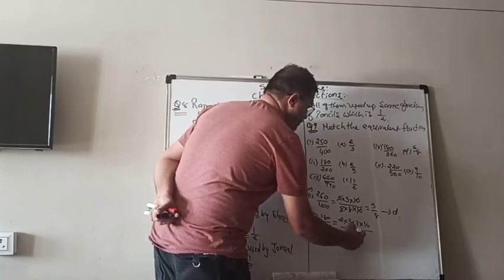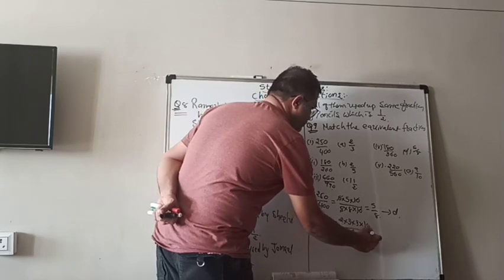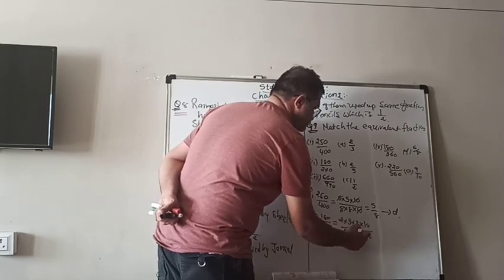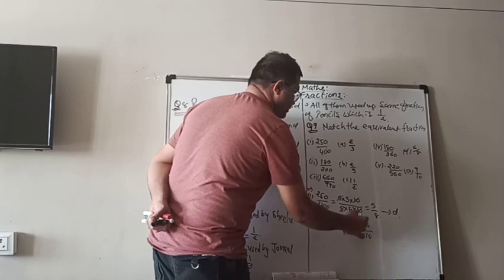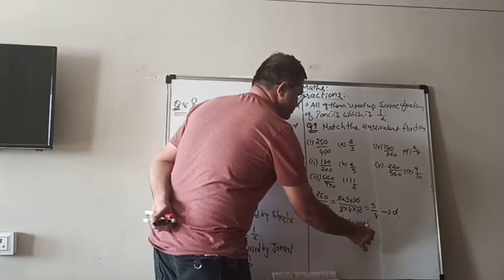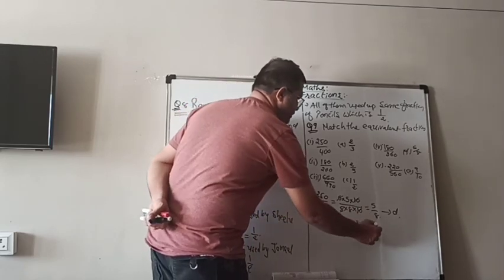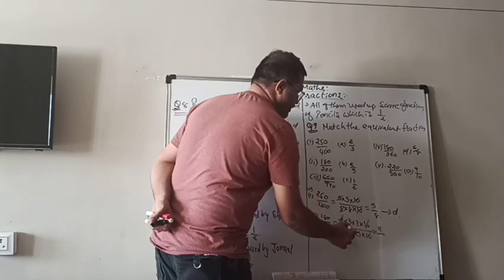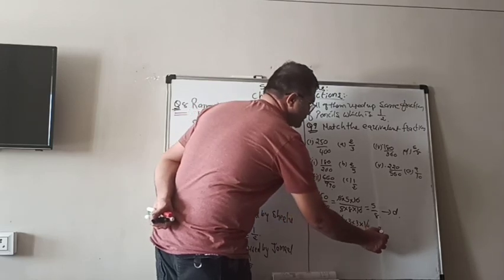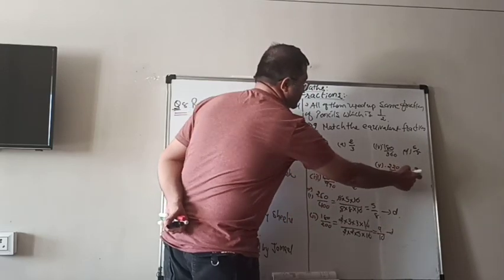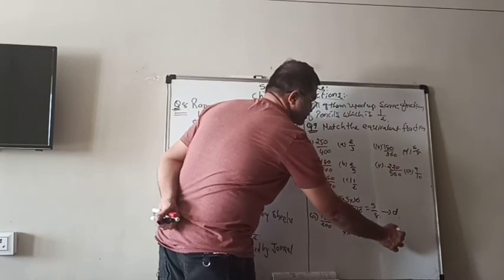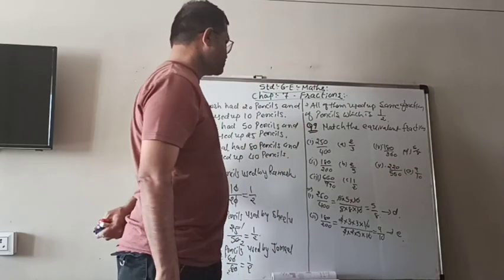So 2 multiplied by 2 multiplied by 5 multiplied by 10. So now 2 and 10 are gone. So 3 3s are 9 upon 2 5s are 10. 9 upon 10 is here. So E is with it.